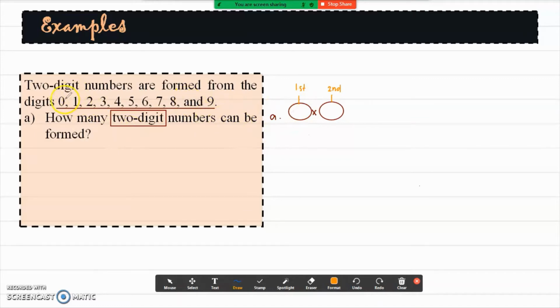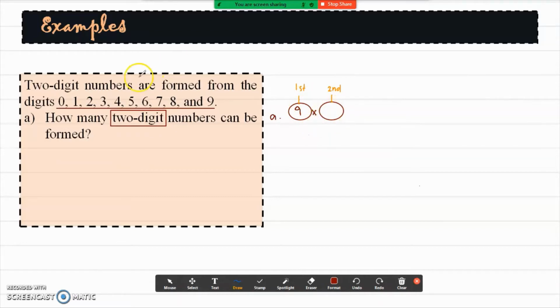So we are only left with 1, 2, 3, 4, 5, 6, 7, 8, and 9 as possible digits for the first digit. So for the first digit, we only have 9 possible options.